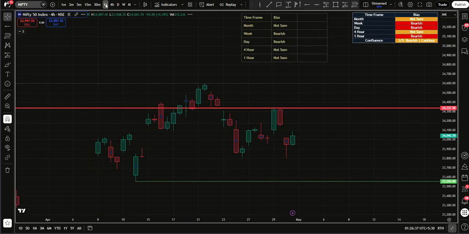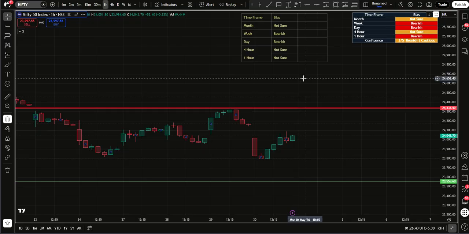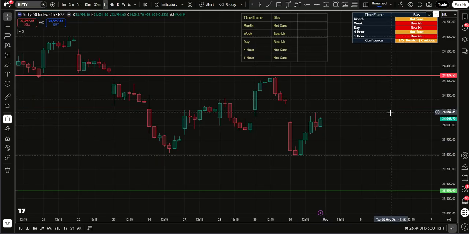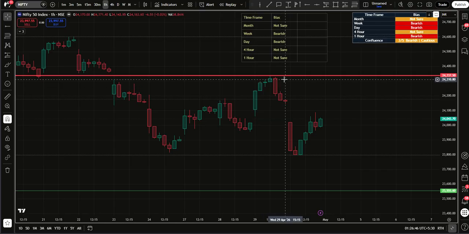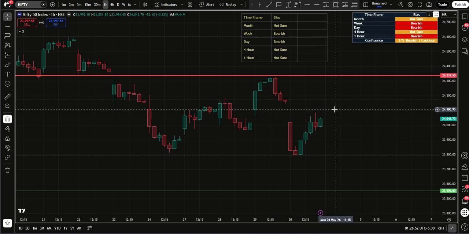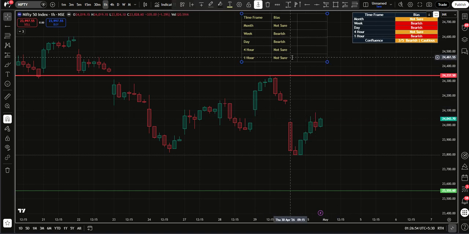Going over to the hourly time frame. On an hourly time frame, what is the bias? This is a swing high all the way down. This is a swing high, that's a lower high, and on an hourly time frame, it is bearish.